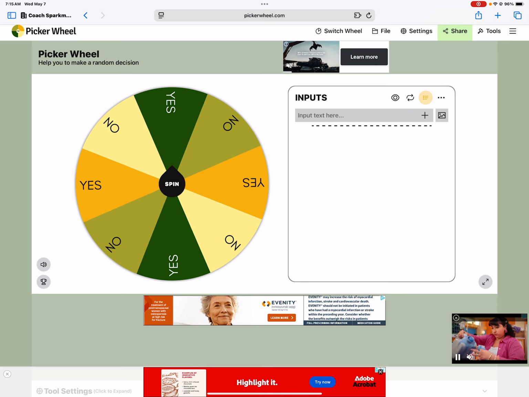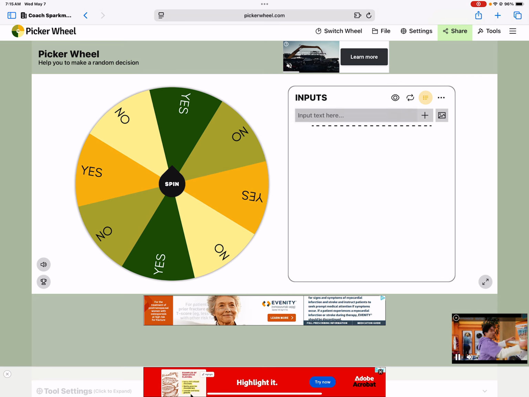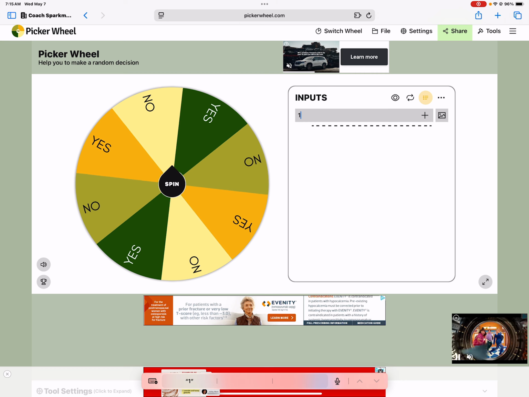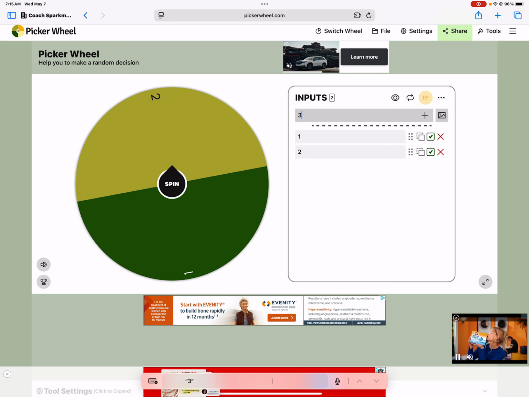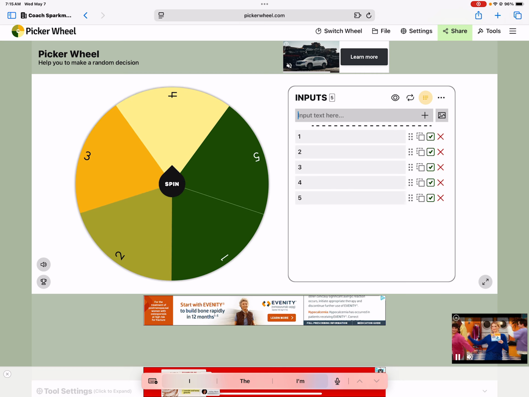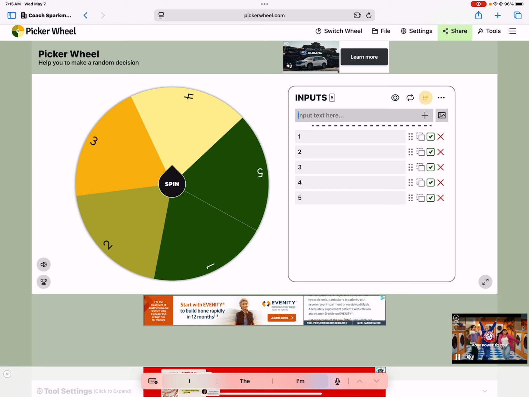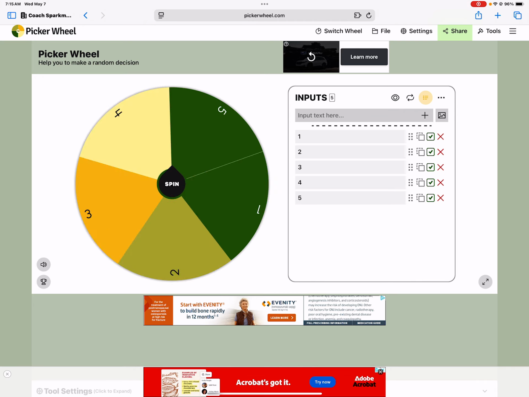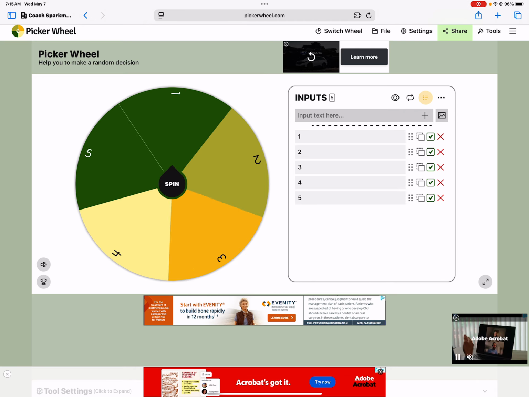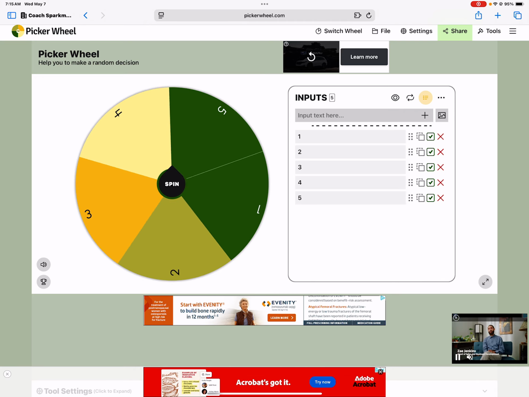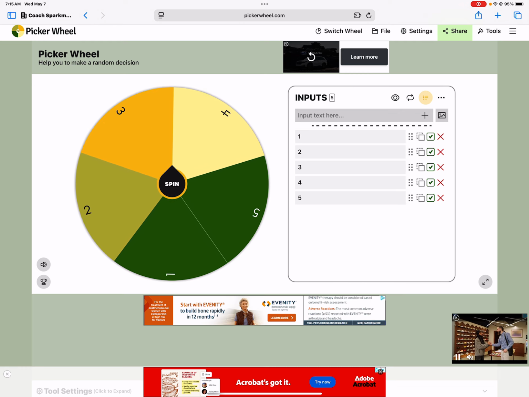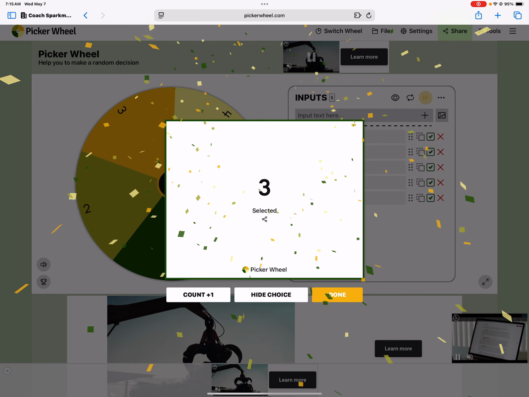Okay? I want you over here where it says input. I want you to input each one of those numbers, 1 through 5. 1, 2, 3, 4, 5. So yours should look just like that when you're done. Okay? And all you have to do is click spin. Press count.